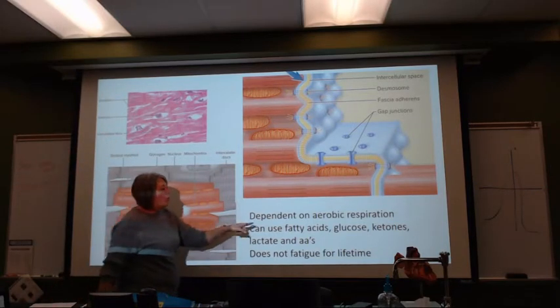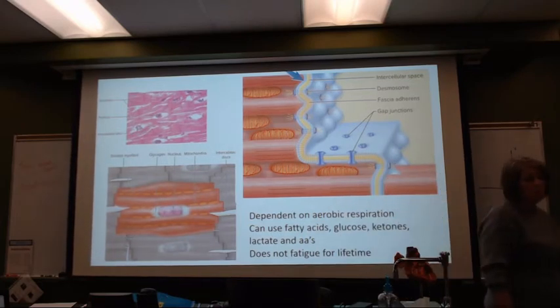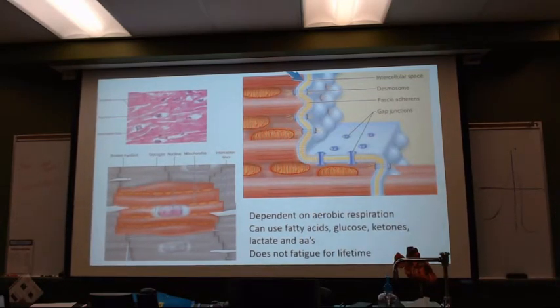But one thing about heart muscle: it has to work aerobically, meaning every bit of work that the heart does, we are dependent on those mitochondria using oxygen and giving us those 36 to 38 ATPs. It cannot survive anaerobic fermentation.